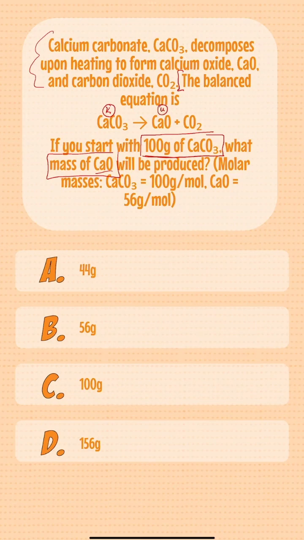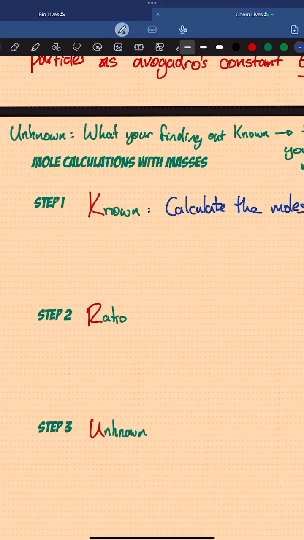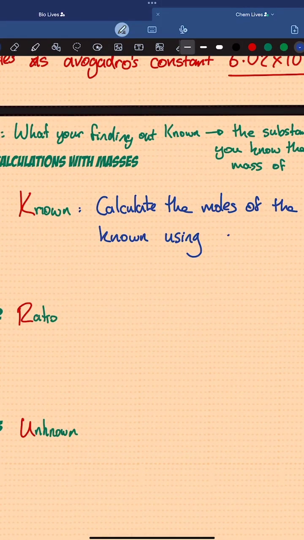Okay, so we know our known and our unknown. So let's go back to our steps here. We've got 3 steps. So known means first you calculate the moles of the known using the equation that we know already. Moles is equal to mass over MR. That's always your first step, okay? Next step is to use ratio.